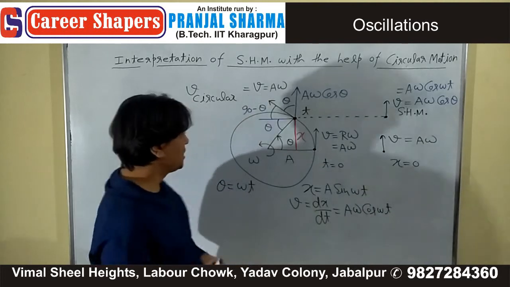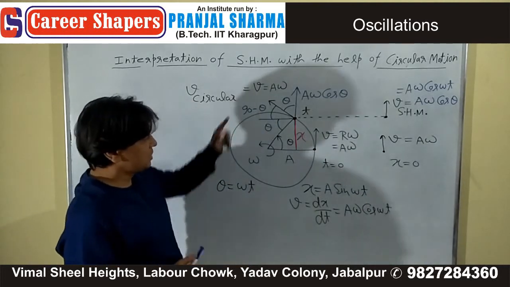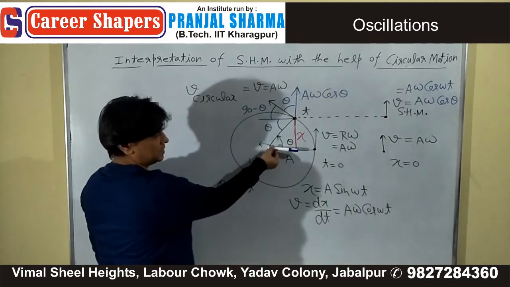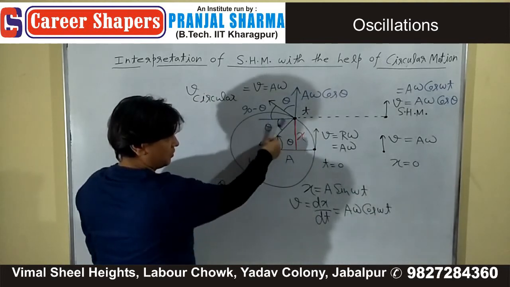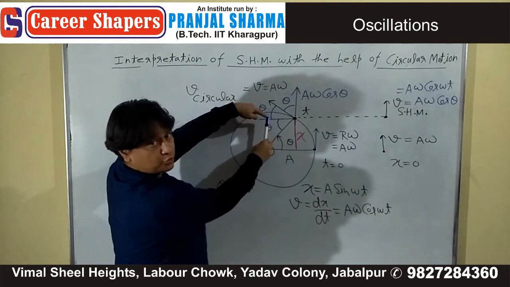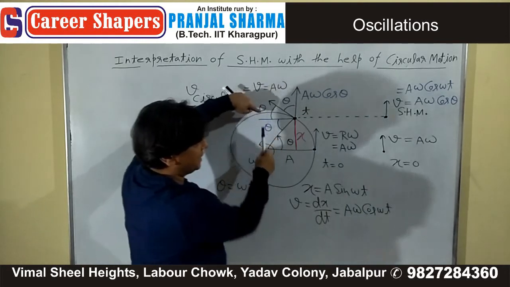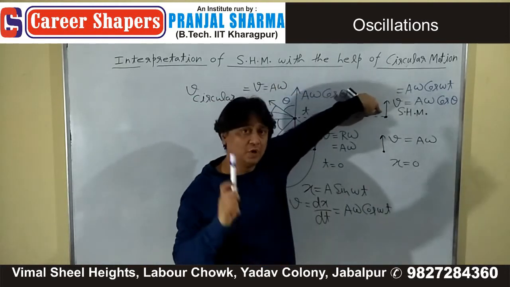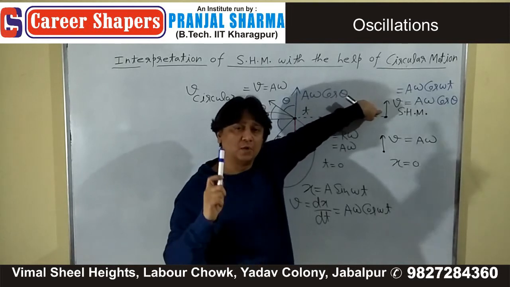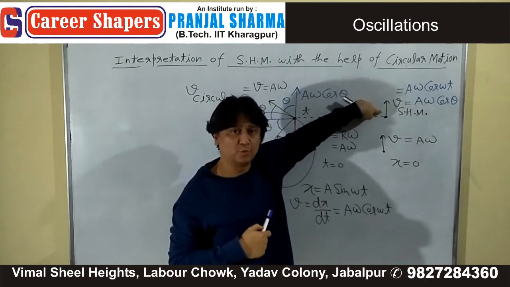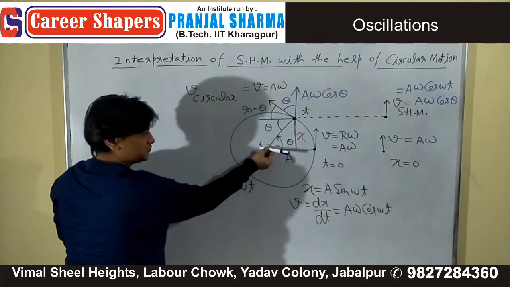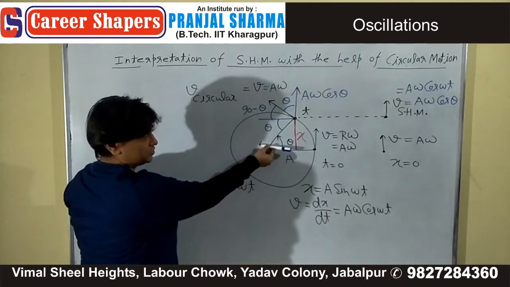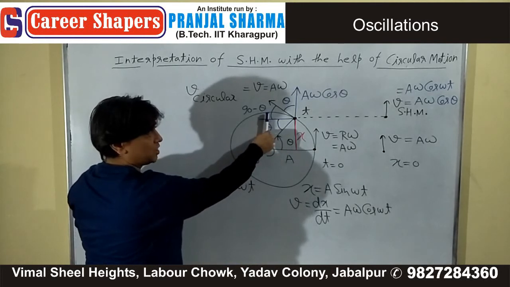Now look again. When this rod completes 1/4 circle, when this is the position of the rod, you know that the tip of the shadow will be at the amplitude. And what is velocity during simple harmonic motion at amplitude? 0. Now, what is the velocity of the rod after 1/4 circular motion?